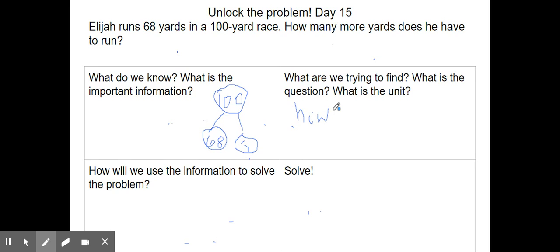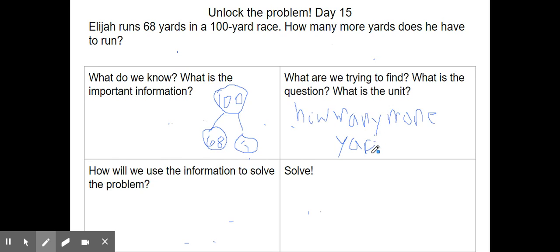How many more, and then yards is the unit. How many more yards does Elijah need to run?